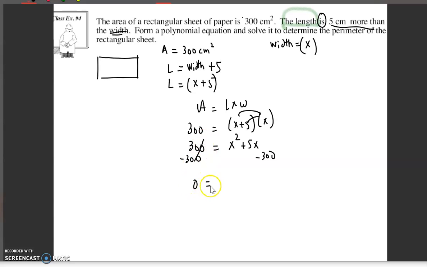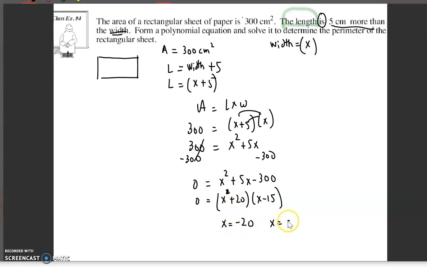So as long as my equation is equal to 0, that's all we need. And then we're going to factorize this. The factors that break this down are going to be x plus 20 and x minus 15, which gives me my two solutions. x can be negative 20 or x can be positive 15. So if I use the zero product law, those are my two answers.